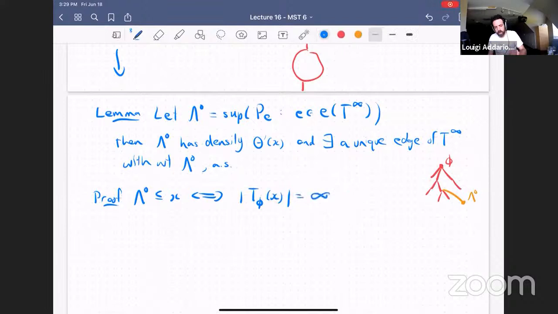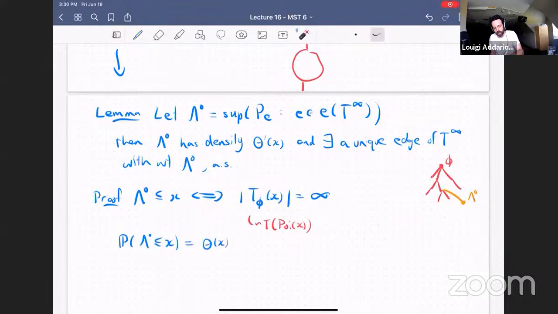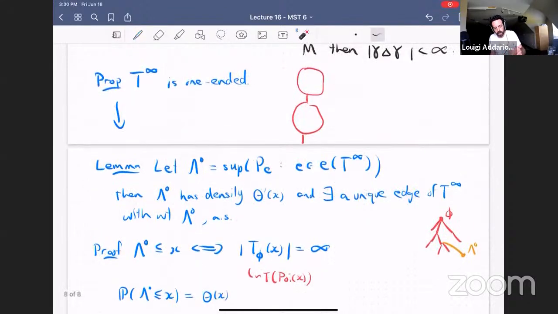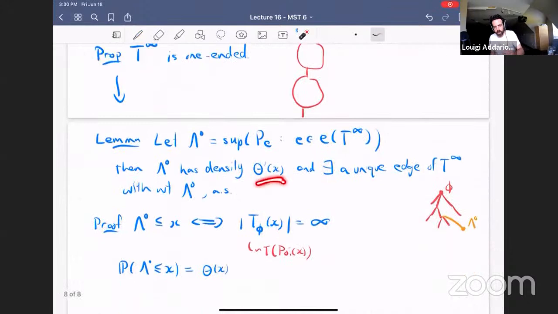But we just said that this is a Poisson-weighted tree, so the probability that it's infinite is just theta of x. So the probability that lambda naught is at most x is theta of x. That indeed shows that lambda naught has density theta prime.